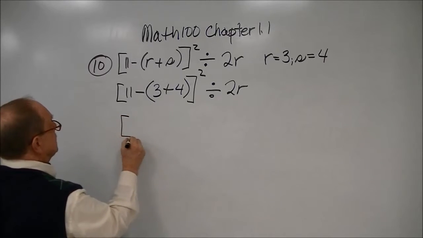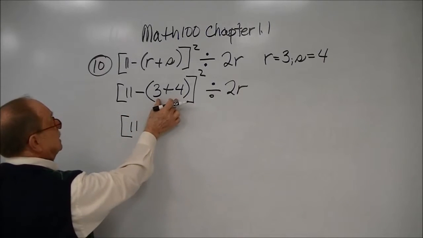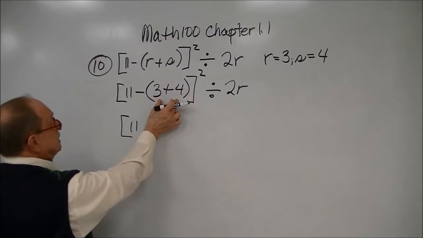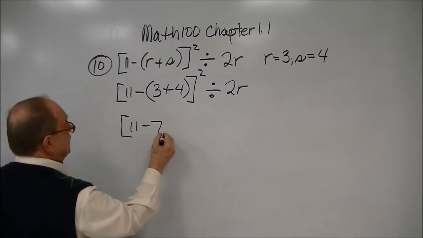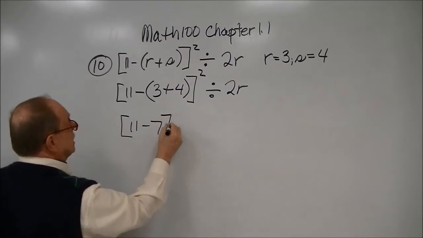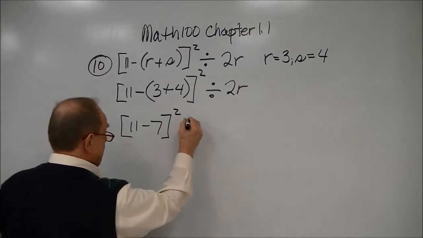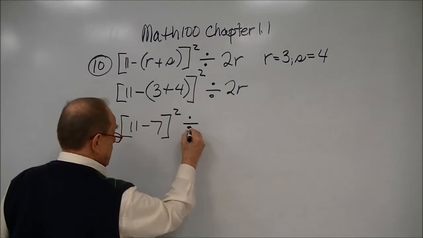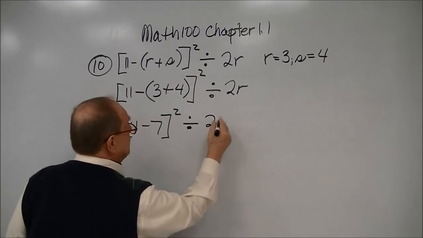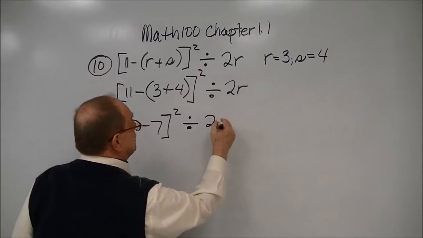This becomes then an 11. This is going to be a 7. So minus 7. Then we're going to square that, and then divide it by 2. And we should replace the R with a 3.